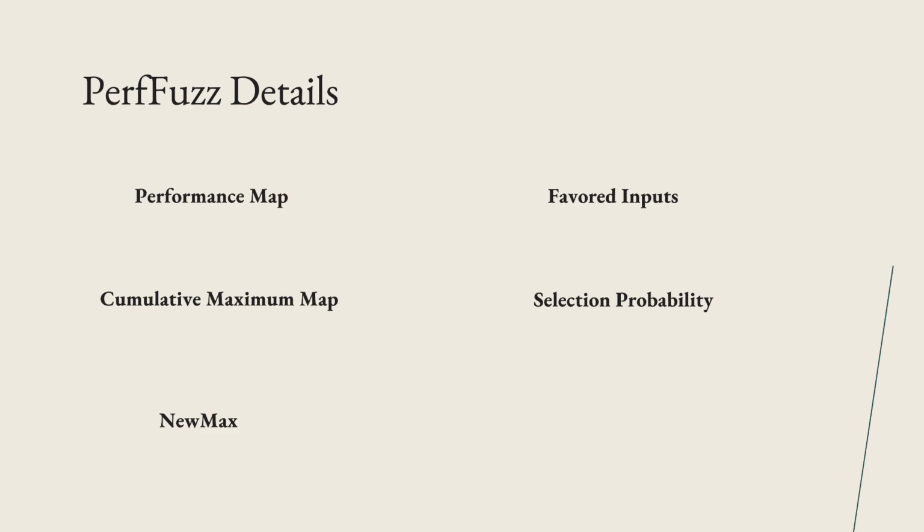And then the new max is when the input exceeds the previous execution count for some edge. And then favorite inputs are the inputs maximizing execution for at least one edge, and the selection probability means the favorite inputs are chosen more often for mutation.